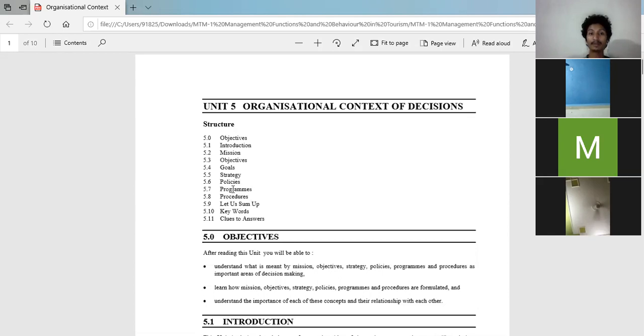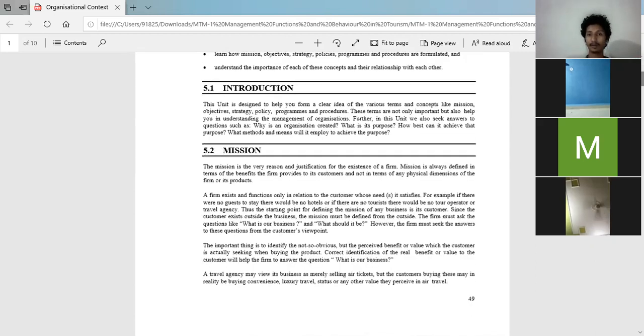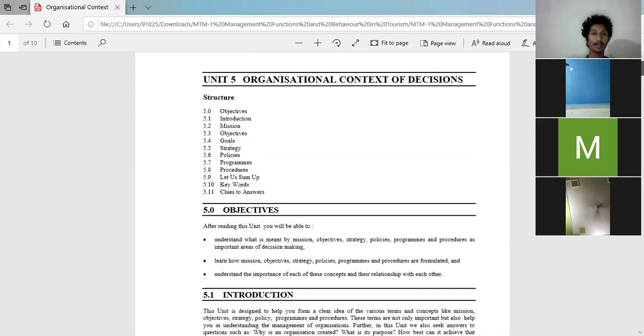Programs are also like programs. What do you understand by programs? Programs are a series or set of systems which are useful, like computer programs, not similar but a little bit. And procedures, as you know, are standard operating procedures. That is how you will do it. Programs are what you will do.